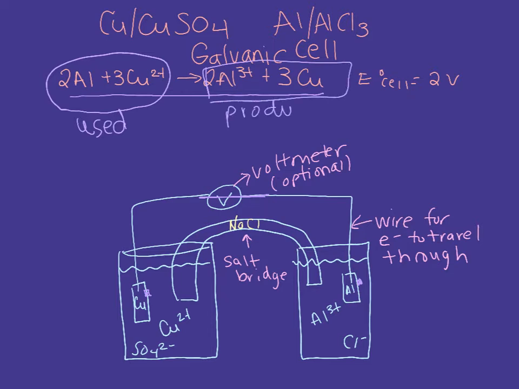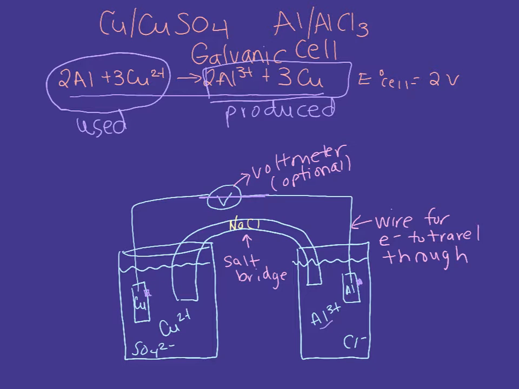And what sometimes confuses people about these galvanic cells is that, well, we already have aluminum 3+, it's right here, and we already have copper metal, it's already right here. So how can it be that we're producing something that we already have? And that can be a little bit tricky.